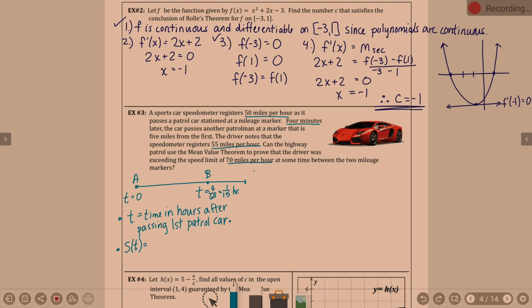So that is the distance in miles from, I guess I should say first marker instead of first patrolman.